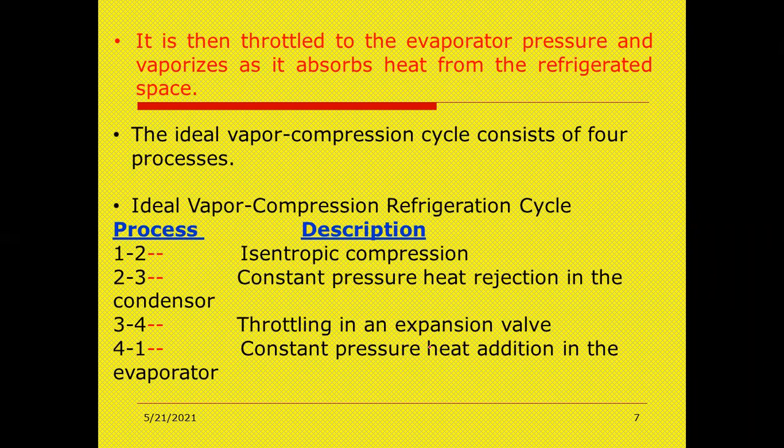Next, it is then throttled under expansion. It is throttled to evaporator pressure and vaporizes as it absorbs the heat from the refrigerated space. Next, what is it doing? From the compressor, it is then throttled to the evaporator pressure and vaporizes.